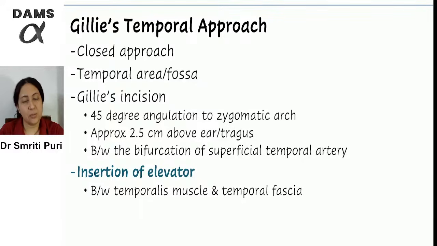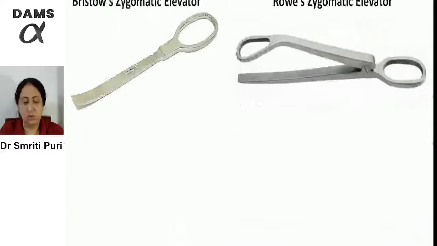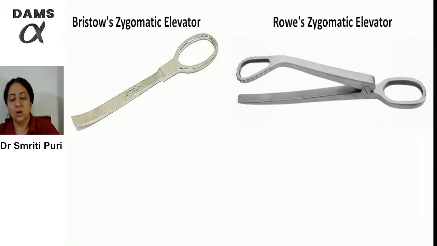It is via the temporal area or temporal fossa, and Gillies incision is at 45-degree angulation to the zygomatic arch, approximately 2.5 centimeters above the ear, and the incision is given in between the bifurcation of the superficial temporal artery, and the insertion of the elevator is between the temporalis muscle and temporal fascia. Right? Now, this is very important.